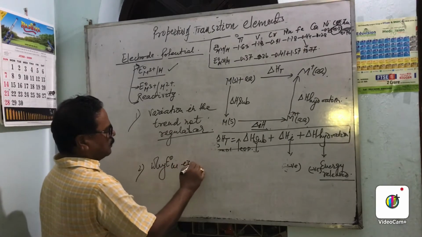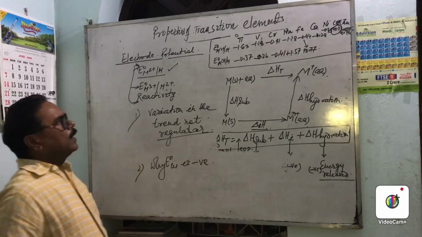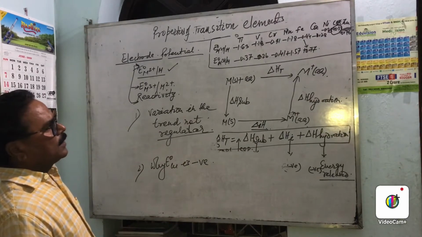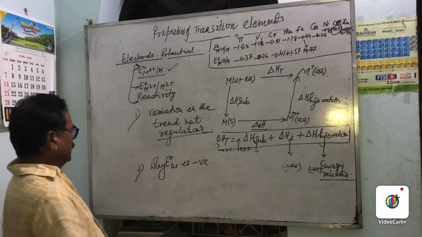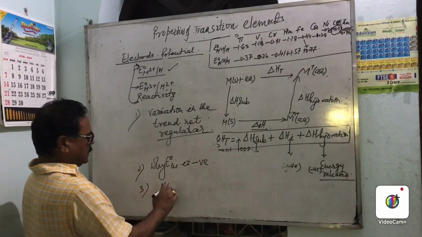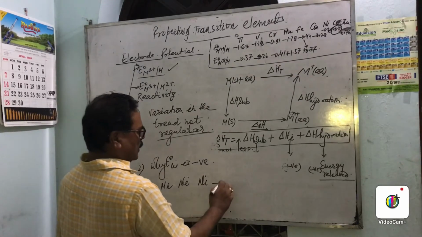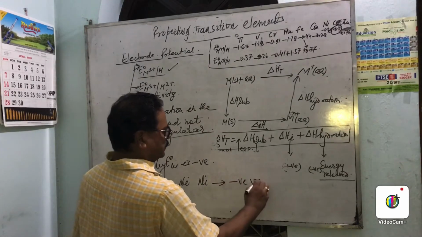Third, manganese, nickel, and zinc have high negative values.